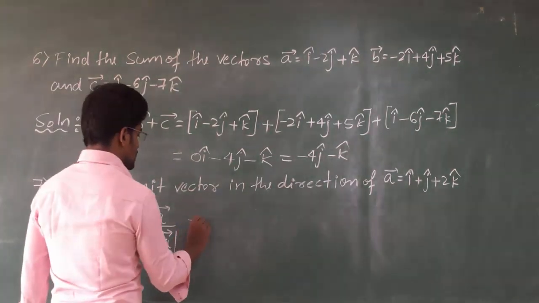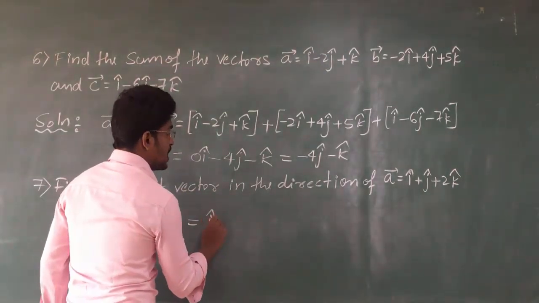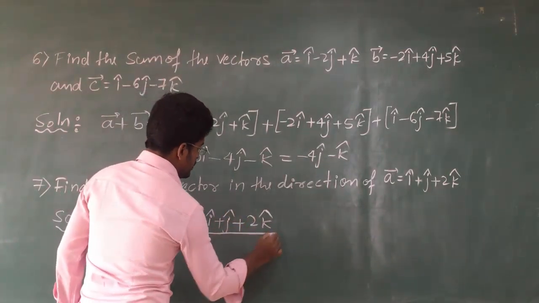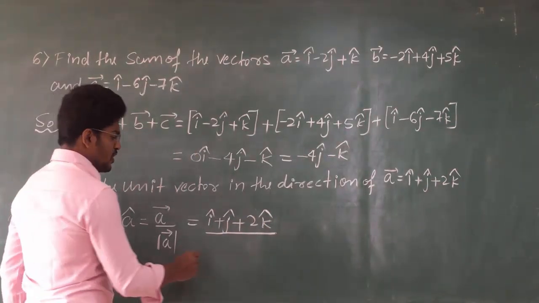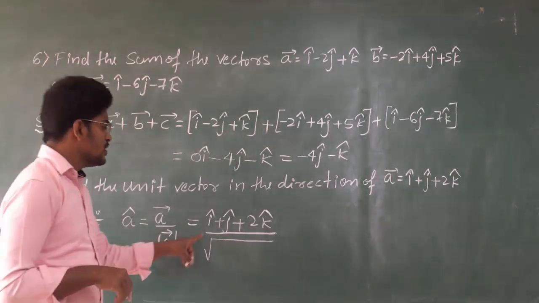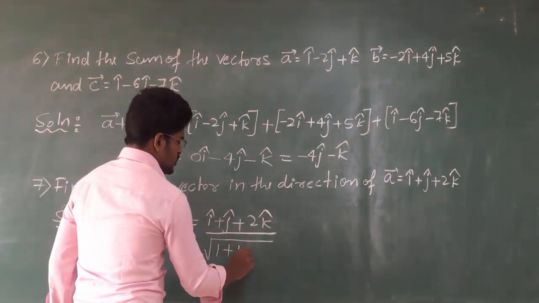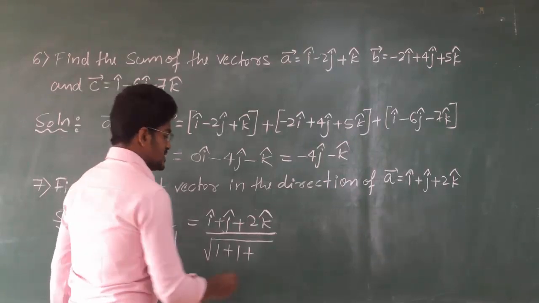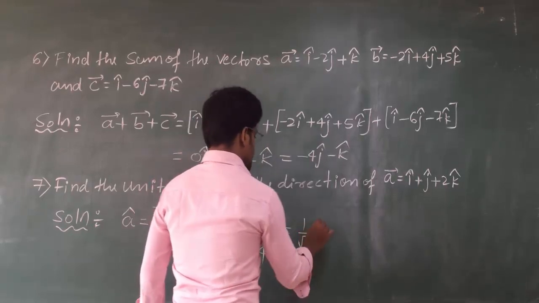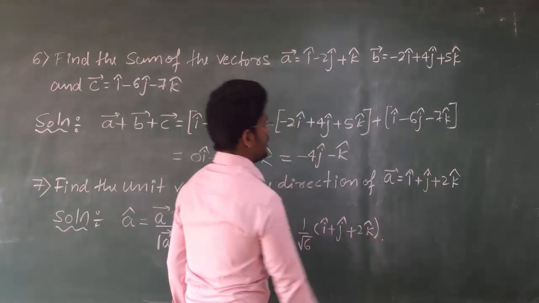So vector A is i cap plus j cap plus 2k cap, divided by mod of vector A, which is the square root of x square plus y square plus z square. Here x value is 1, 1 square is 1, y value is 1, 1 square is 1, z value is 2, 2 square is 4. So this will be equal to 1 by root 6 into i cap plus j cap plus 2k cap.